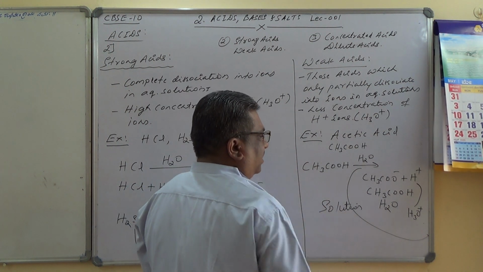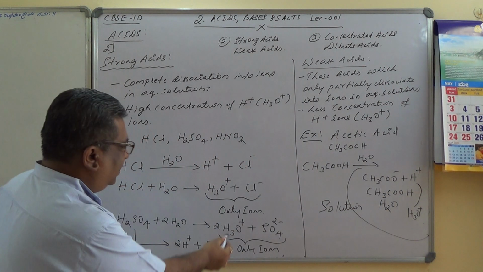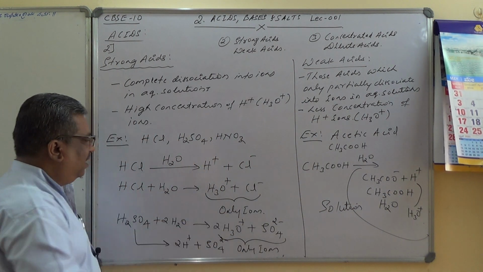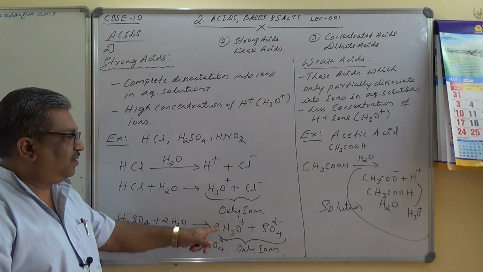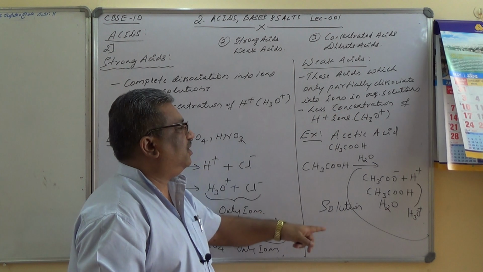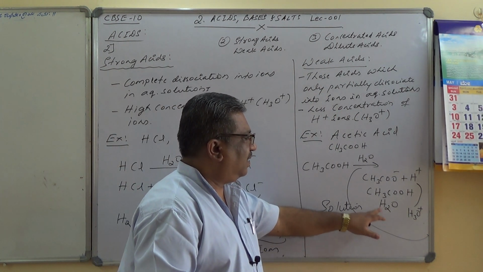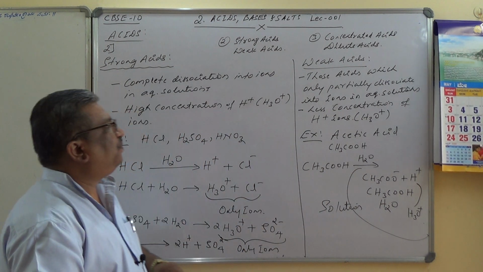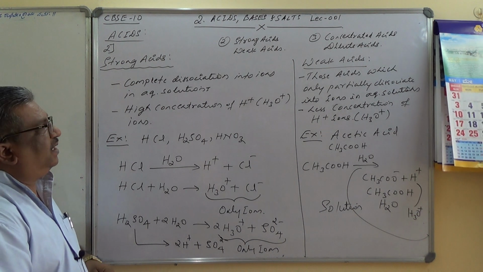Therefore the final solution contains a mixture of ions as well as molecules. Whereas in the earlier case I have written only ions, meaning the substances undergo complete dissociation to produce ions. Here they undergo partial dissociation into ions. Hence the resulting mixture will have both molecules as well as ions in the solution. Okay. So this is about strong acids and weak acids.